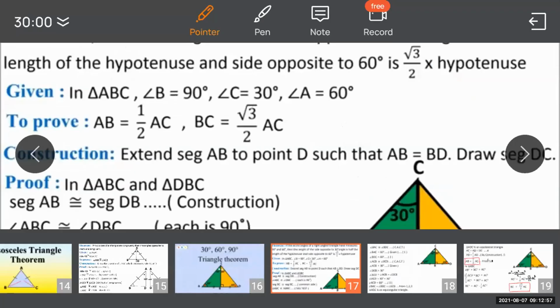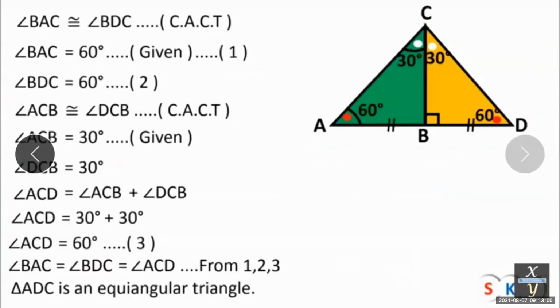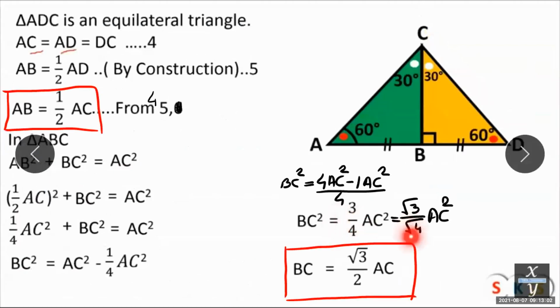For this root 3 by 4, that will be under root 3 and under root 4. I have written the roots separately. So root 3 we can't find the value of, but root 4 is 2. Square root of 4 is 2. So here the term is root 3 by 2. So here we got BC equal to root 3 by 2 AC.